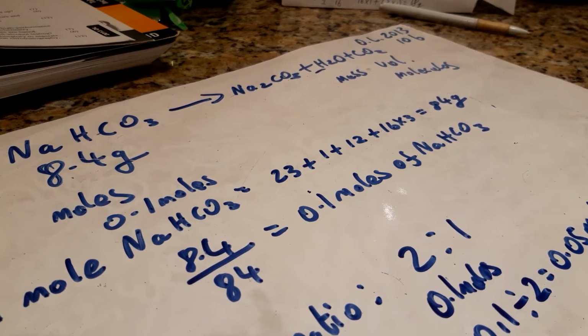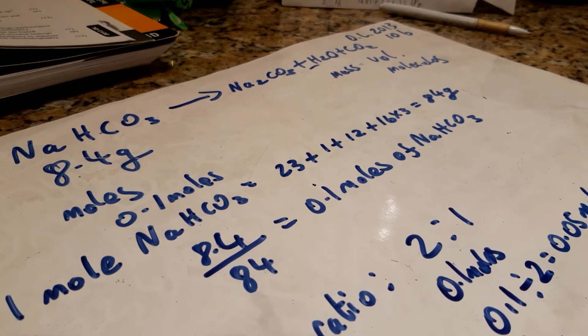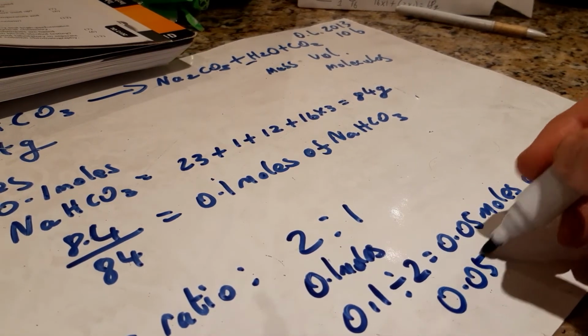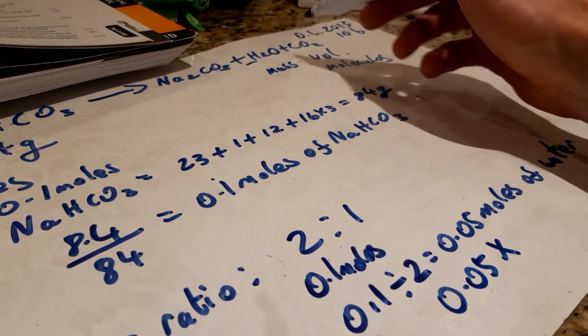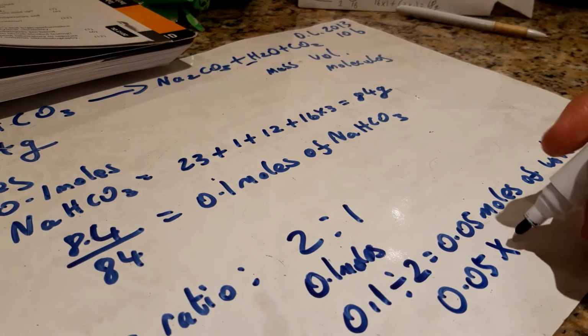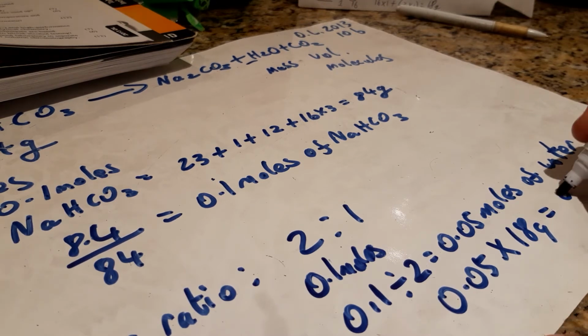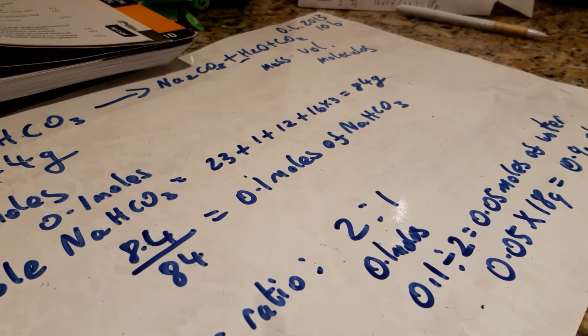But we're asked what mass that is. So we multiply 0.05 by the molar mass of water, which is 16 plus 2, which is 18 grams. 0.05 multiplied by 18 is 0.9 grams of water. So that's the mass of water produced.